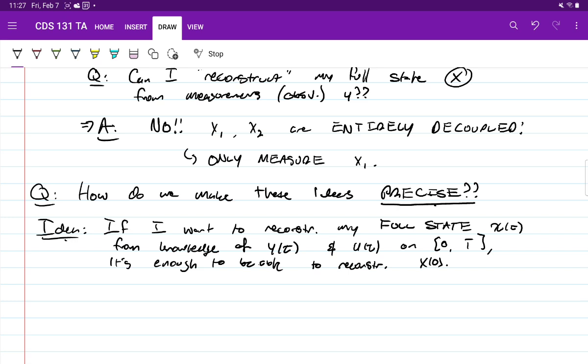So the basic idea of observability is we're going to say, if we could find some input signals that distinguish between different initial states, then we should be able to figure out where our system came from. I'm going to write this down first through a concept called distinguishability, and after we've done this, we'll come back and talk more about observability.